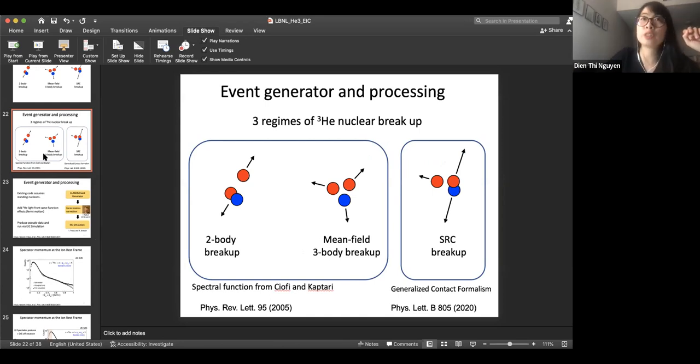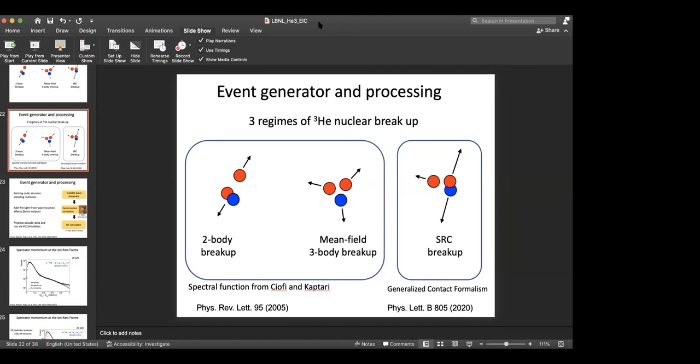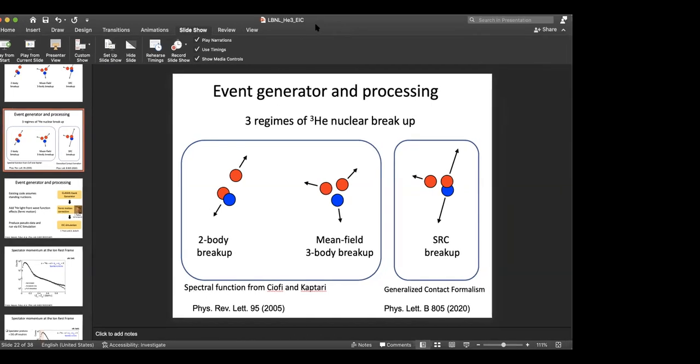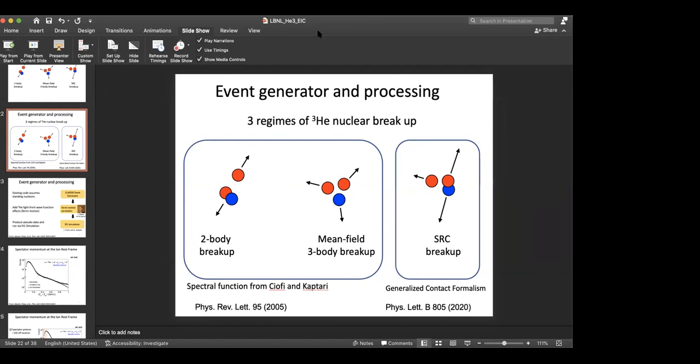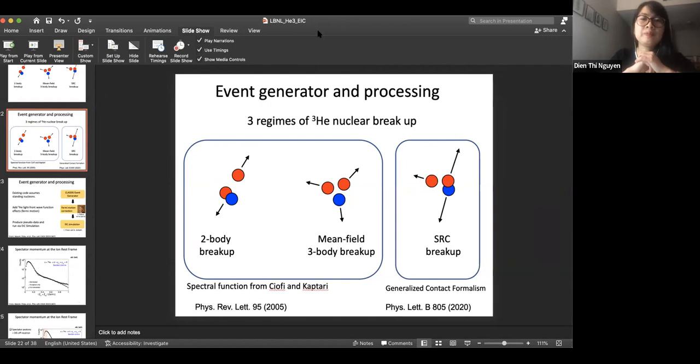We have a cutoff of about 240 or 250 separating mean field and SRC. Jackson can correct me which number we used in the end, 240 or 250. I think we ended up using 240 because the normalization worked out better with our spectral function. It's a small effect either way.